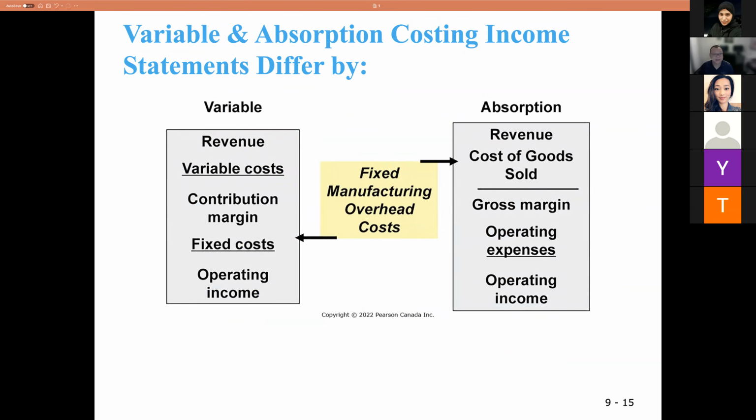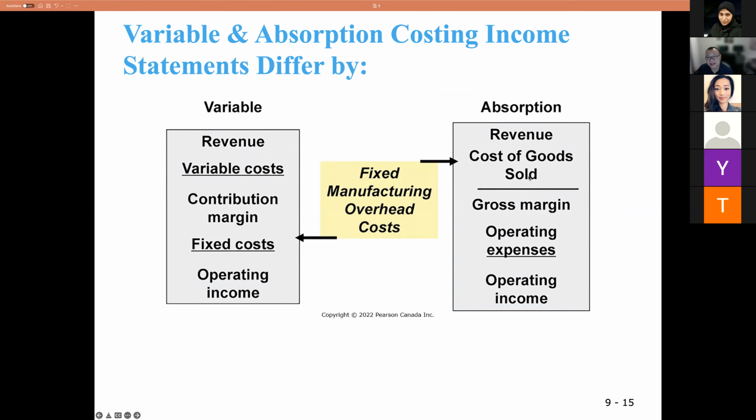You can see under variable costing, the income statement will be like this: you have a revenue, and then you subtract variable cost, and you have a contribution margin. And then you subtract fixed cost, you get your operating income. For absorption costing, you have revenue, and then you have cost of goods sold.